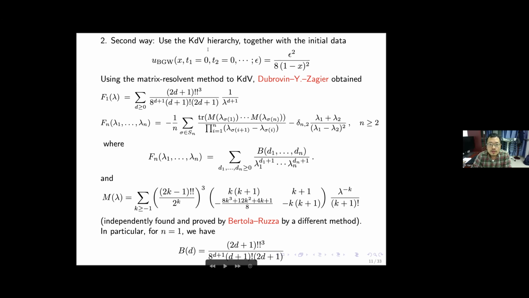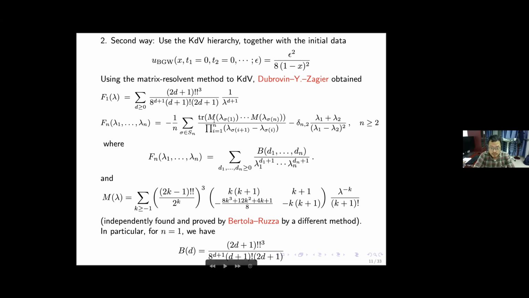When we solve the KdV hierarchy with this initial value and run the same method, the so-called matrix resolvent method from the Lax pair, we get the same type of formula.